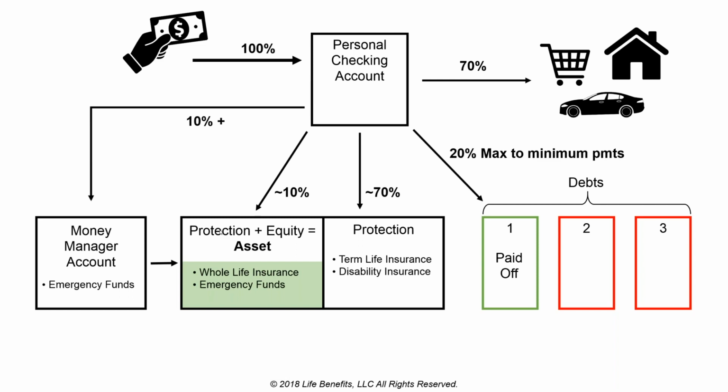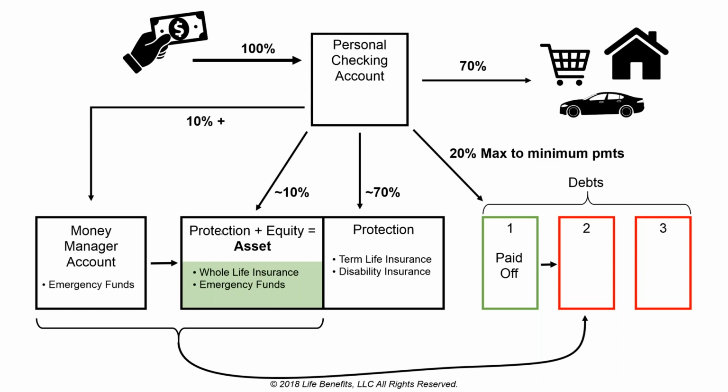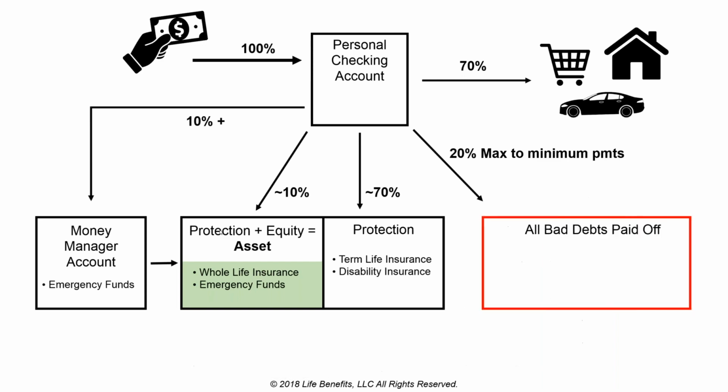Now the cash flow that was going to debt number one, you roll over, you work on paying debt number two off. Anything, again, that's left over here on these columns will come over, work on debt number two. Pretty soon, all your bad debts are going to be paid off. When that happens, all the cash flow you were paying towards those debts now becomes an asset for you and moves back over, fills up any policy loans or equity that you have available here in your whole life insurance.